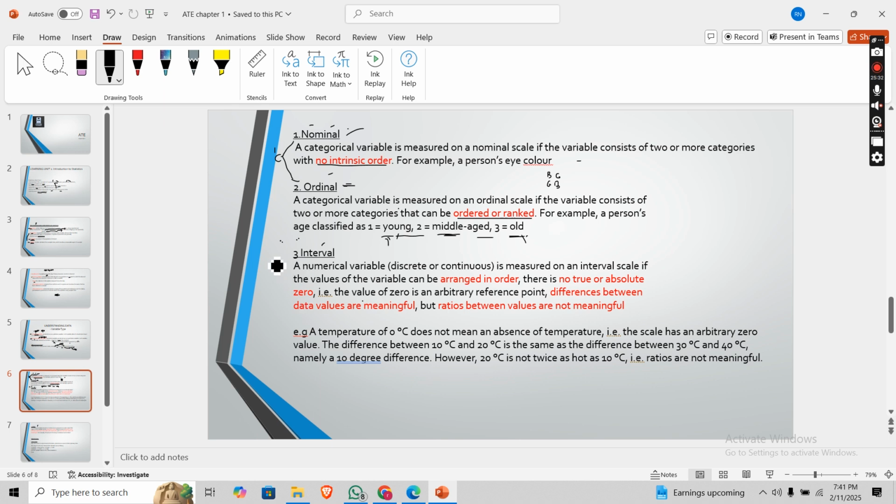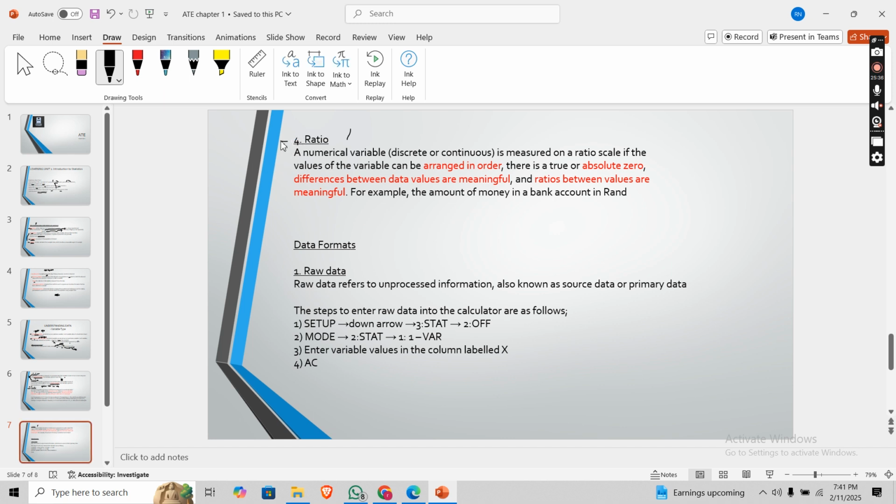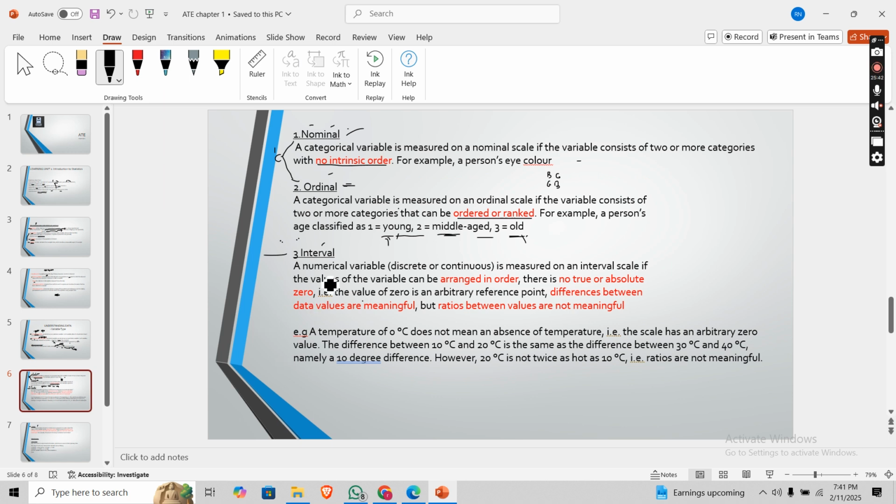Then we have the interval scale and the ratio scale. These two we use only for numerical random variables. So when do we use the interval scale? I'm going to give you standards that you will refer to when deciding whether data is measured on an interval scale or the ratio scale.